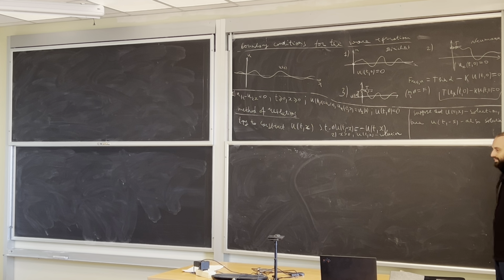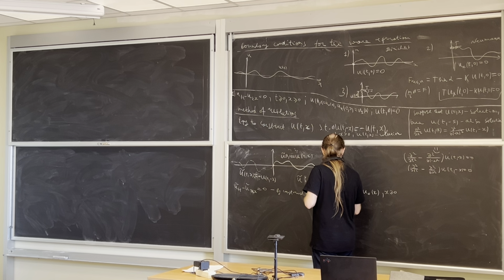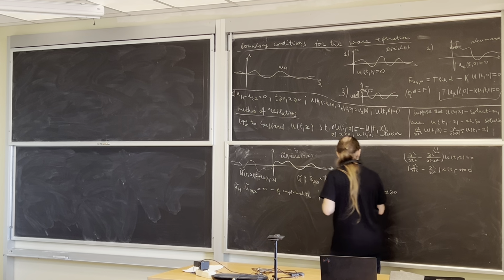So u tilde of 0, x should equal u0 of x for x greater or equal than 0, and u tilde of 0, x should equal minus u0 of minus x for x less or equal than 0.